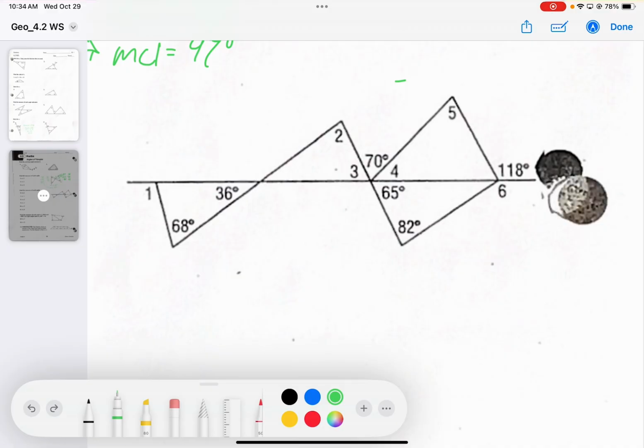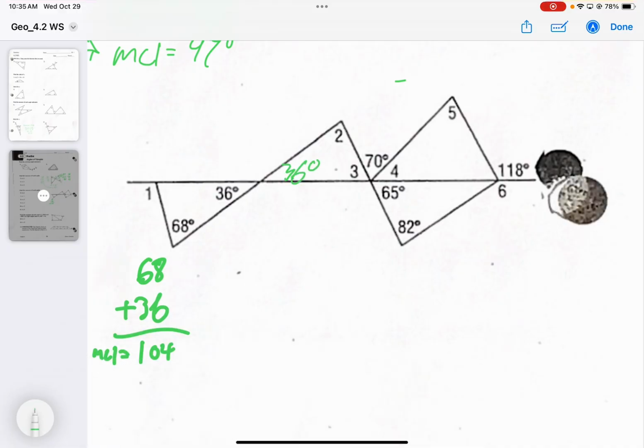So I could add those together and that'll tell me what angle 1 is. So if I add together 68 and 36, that would give me 104. So the measure of angle 1 is 104. And then I know that this is 36 because those are vertical to each other, okay?